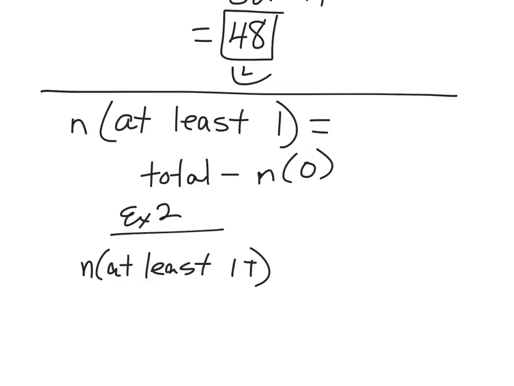So what's the big picture idea on this problem? I'm going to take the total number of things that can happen minus the number of ways I can get 0 tails. So that's how I want to start. I'm not trying to do anything more than just that right now. Get the big picture in place.